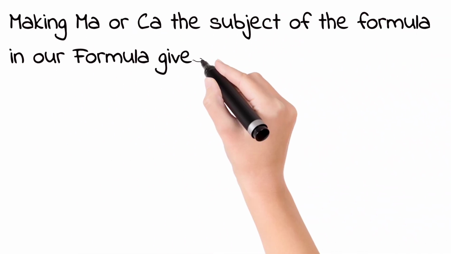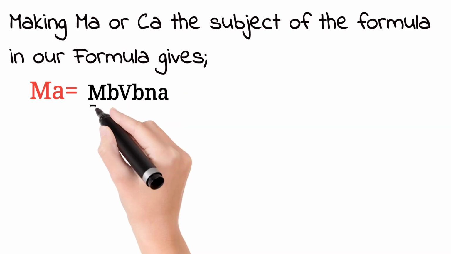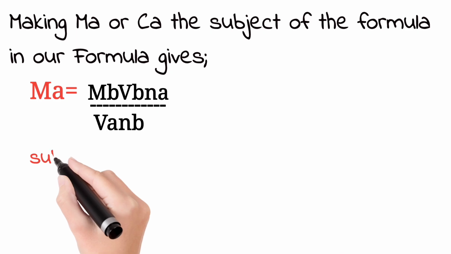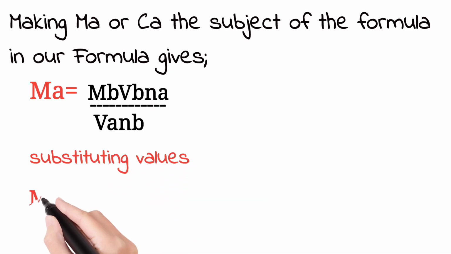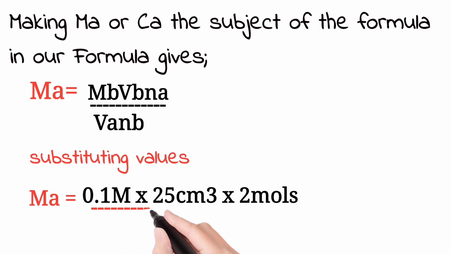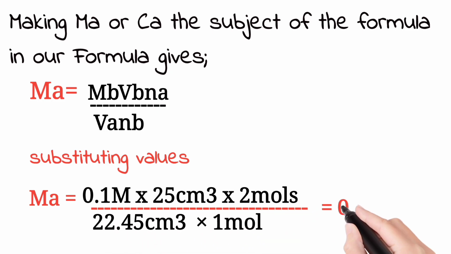So let's make molarity of acid, or concentration of acid, the subject of the formula in our equation. You should know how to make subjects of formula in equation. And if we do that, we will have molarity of acid as molarity of base times volume of base times number of moles of acid divided by volume of acid times number of moles of base.